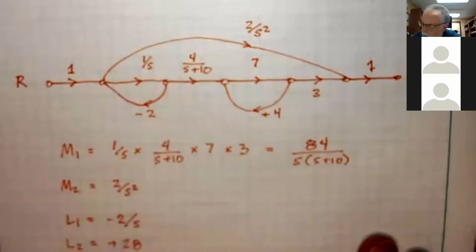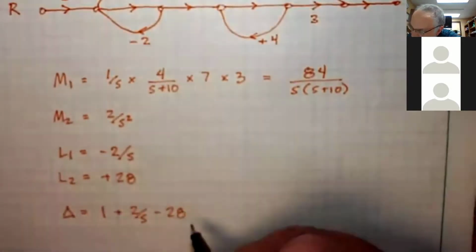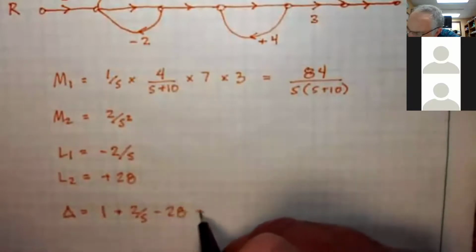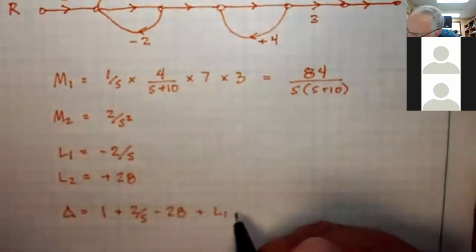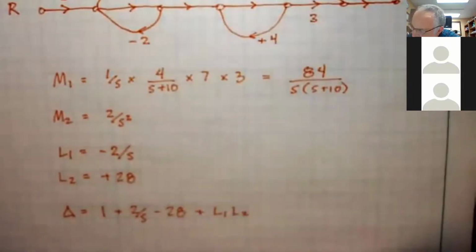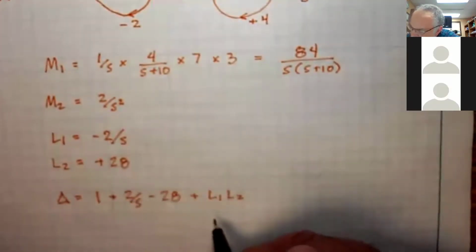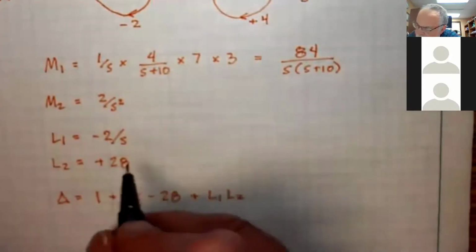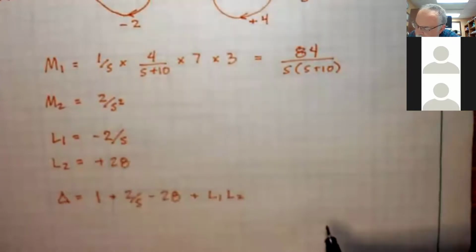No. Okay, so then it's going to be plus loop 1 times loop 2, right? And that loop 1 times loop 2, it's a minus 2 over S times 28.